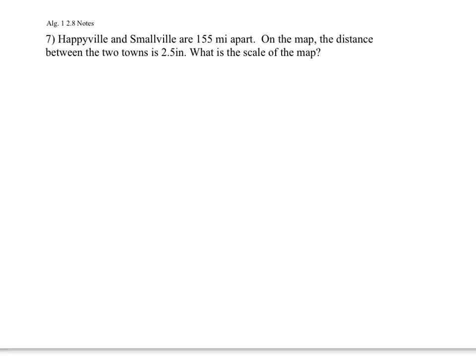We have Happyville and Smallville. They're 155 miles apart on the map. The distance between the two towns is 2.5 inches. What is the scale of the map? So what we're going to do is basically want the scale to be some sort of an inch property.